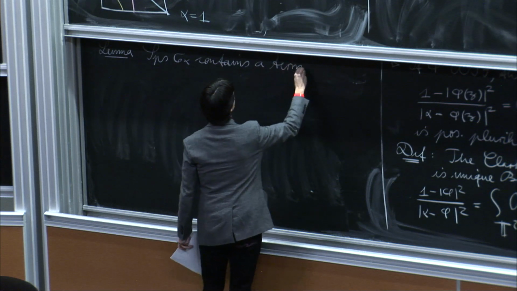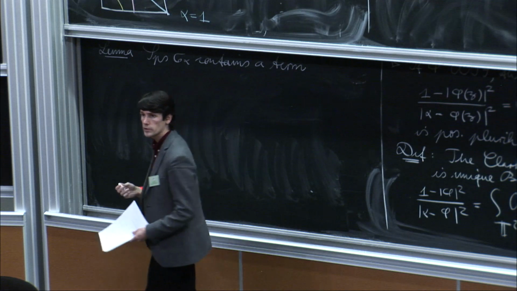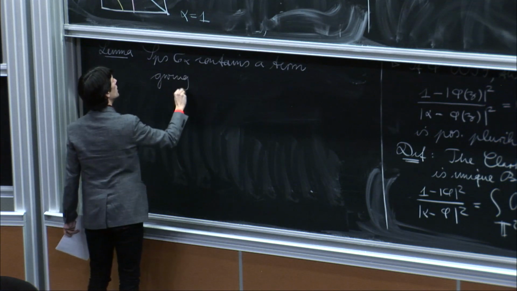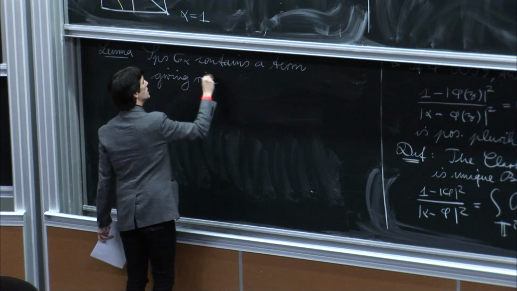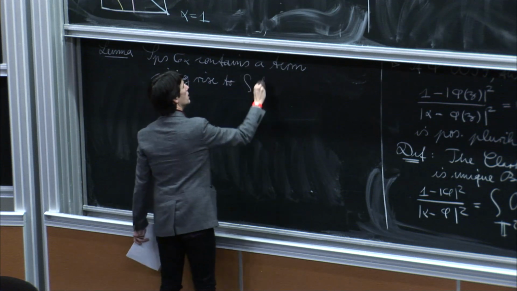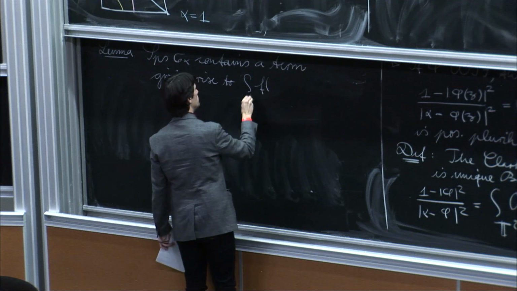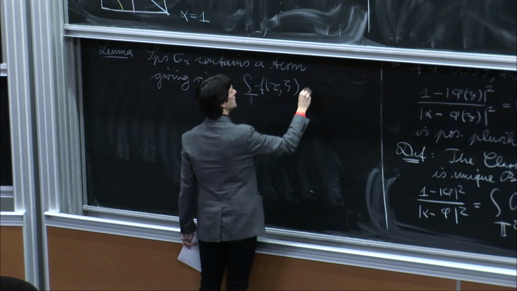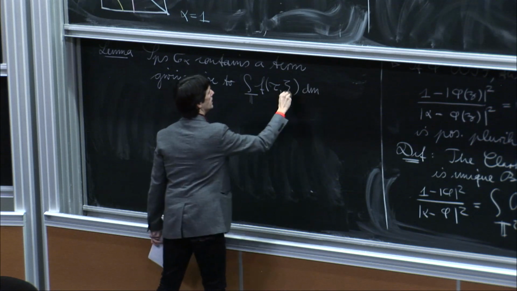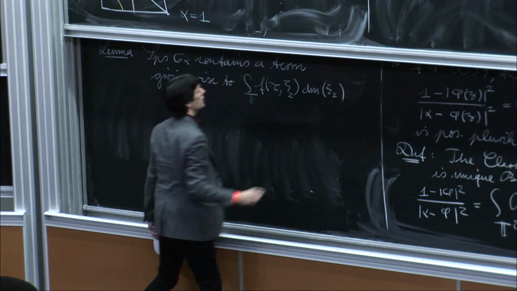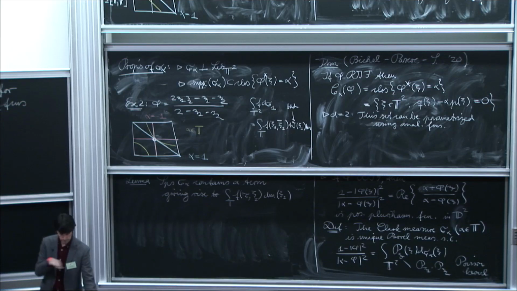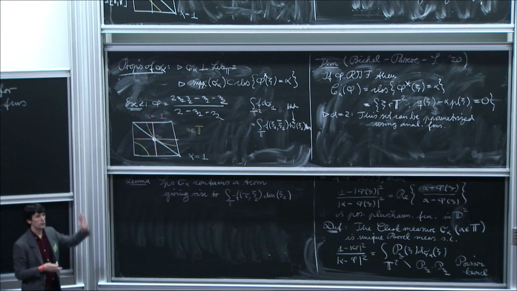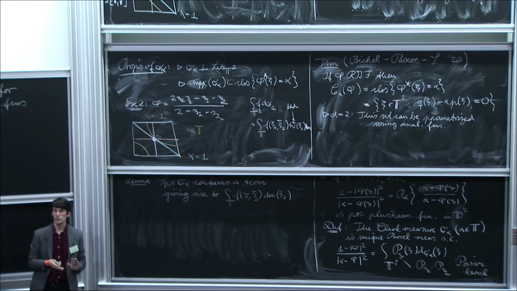This measure may be made up of several pieces, but let's suppose that the Clark measure contains a term that gives rise to the following: an integral where you fix a horizontal value, and then the measure evaluates functions along a vertical line and then integrates with respect to Lebesgue.